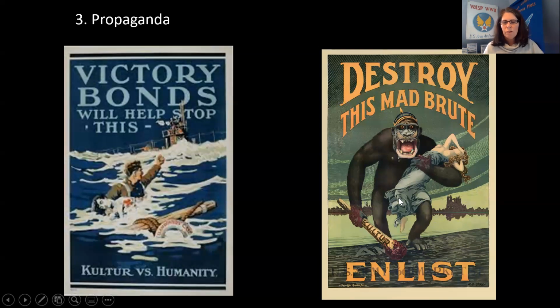Now, this symbol of American womanhood, right? This is Liberty, or Columbia, both names are used for her, a white woman who is obviously being ravaged by the brutal German beast. You can see it says culture on there with a K, right? And he's beating people with it. You can see the blood all over his hands, the drool coming from his mouth.